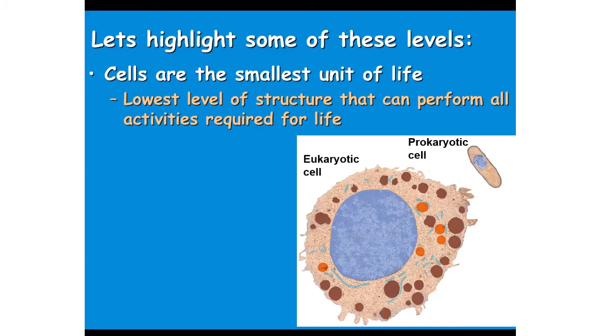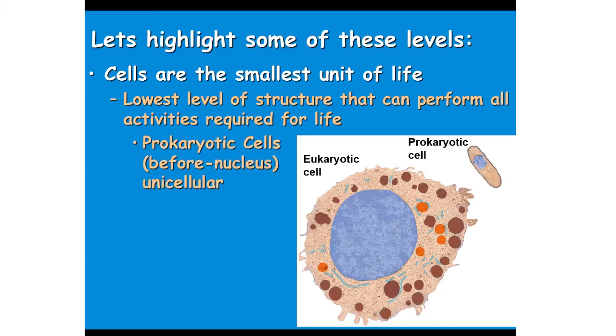But this is the lowest level of structure that performs all the activities that make you alive. Okay, so you could be a single-celled organism and still be considered alive, like a bacteria cell. Okay, there are single-celled eukaryotic cells as well. Not humans, we're multicellular, but you could be one cell and still be considered a live organism. So that's kind of cool.